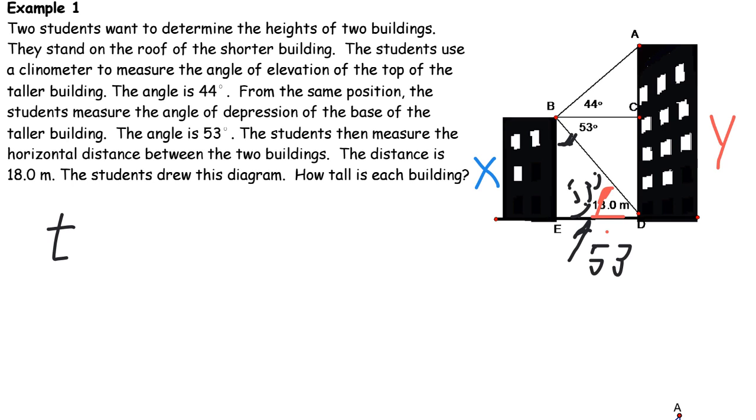We have tangent of 53 equals the opposite over the adjacent, which they gave us is 18, because two buildings are 18 feet apart. Okay, so 18 times tangent 53 gives us 23.886, so 23.9.